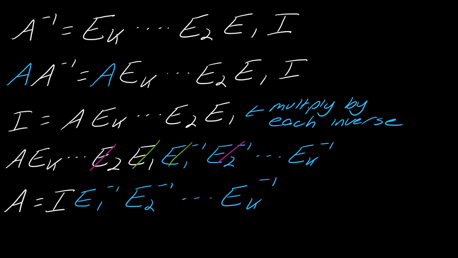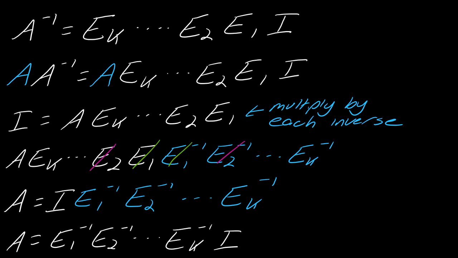On this side everything drops out and I'm just left with A. Now I have I times all of these inverse matrices. Because I can multiply I on either side, I'm just going to move I here, because it doesn't matter if I is here or here. I is one of the only matrices that commutes with any square matrix, so I can do that.